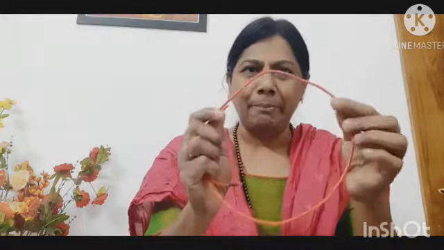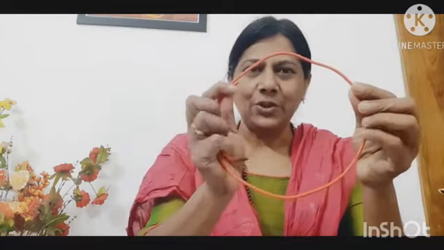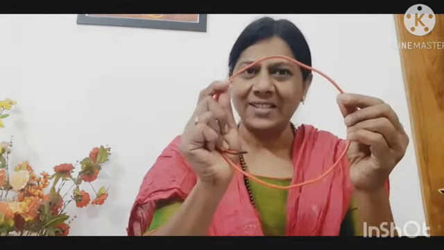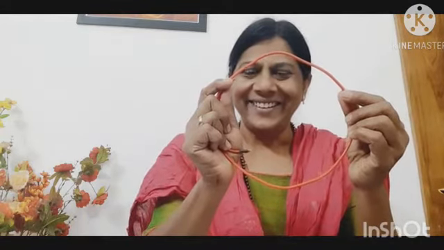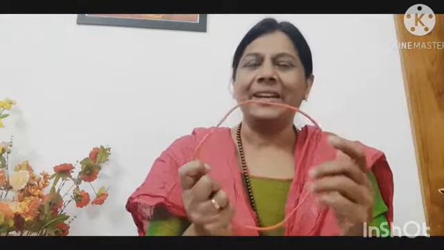Now it is a circle. Both ends of the wire are connected to the battery and key. When the switch is on, what will happen?